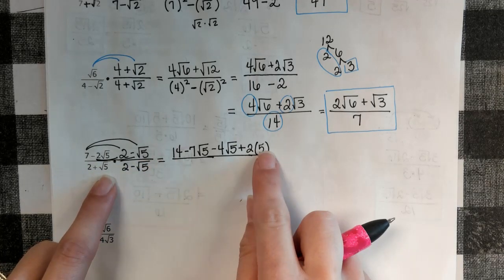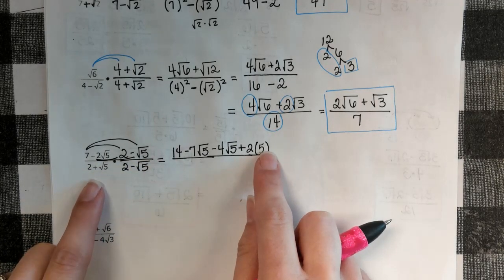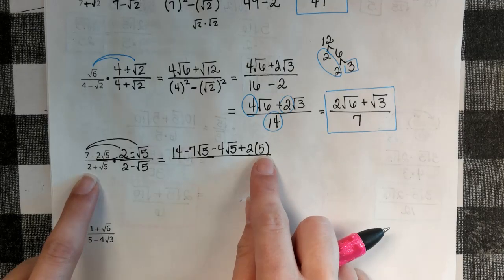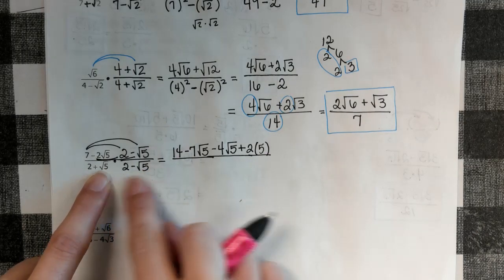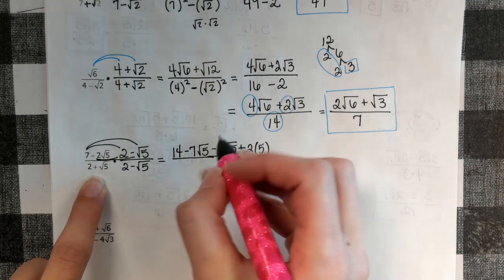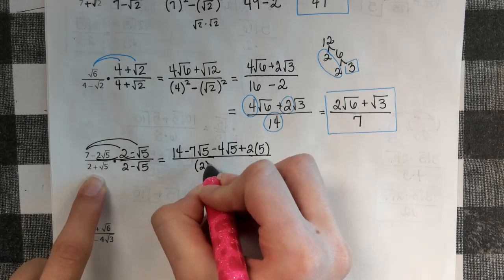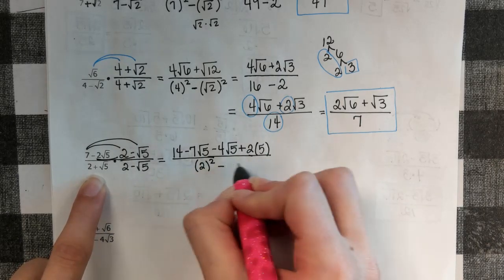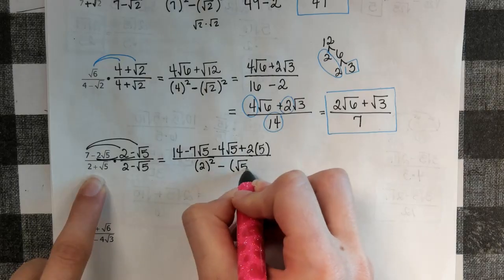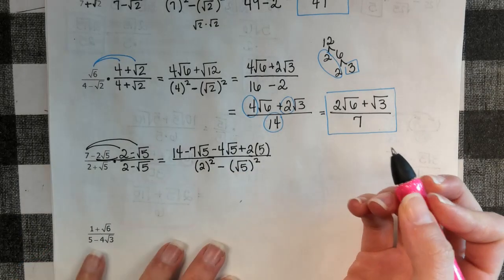If you wrote square root of 25, that's okay too, you'll simplify it then. Then my denominator, which I noticed some people were good on because you know your formula. You take the first number, which is 2, square it, minus square root of 5 squared.